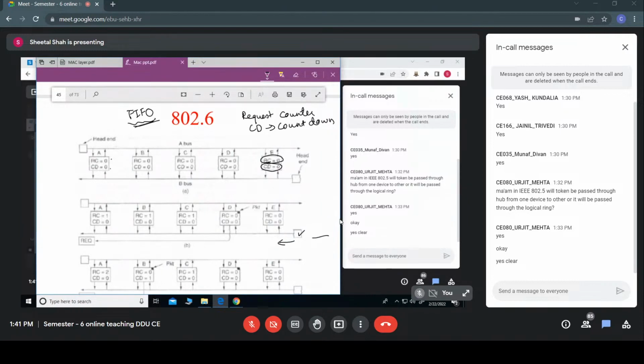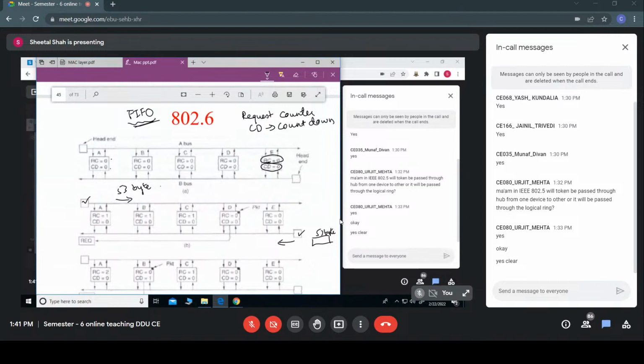Through this head end, the cell of 53 byte would be continuously transmitted through this bus. Similarly, the head end of the other bus would also be continuously transmitting a 53 byte cell. Among this 53 byte cell, we have one which is the request bit, the other one is the busy bit.